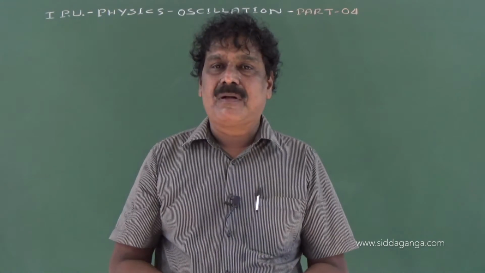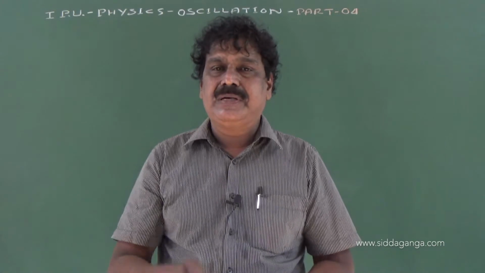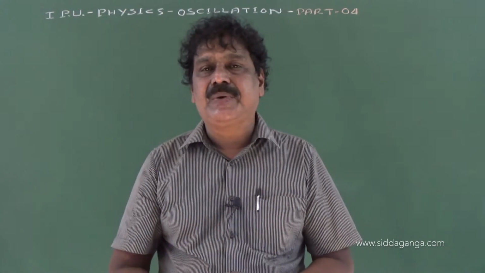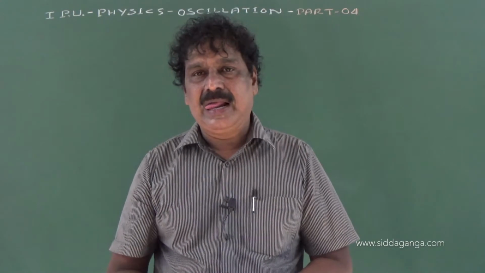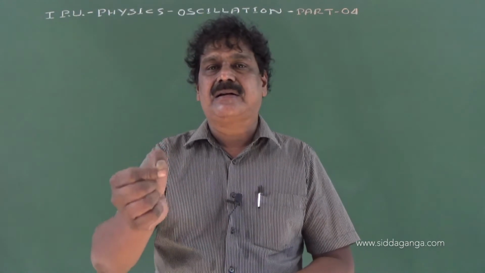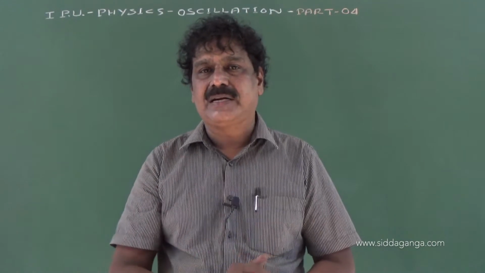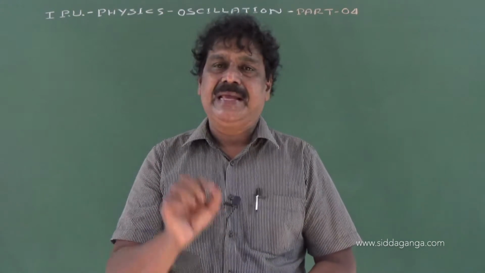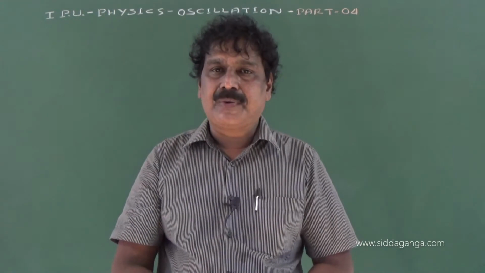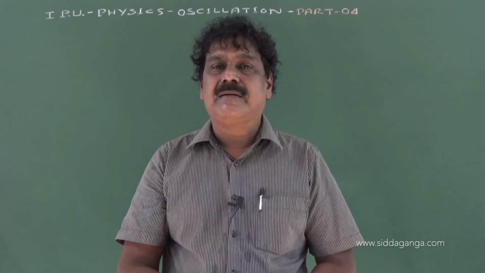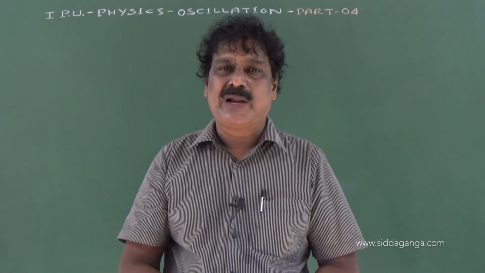The equation gives the displacement y of a particle executing simple harmonic motion at any instant of time t in terms of two constants of simple harmonic motion: a, the amplitude, and omega, the angular velocity.